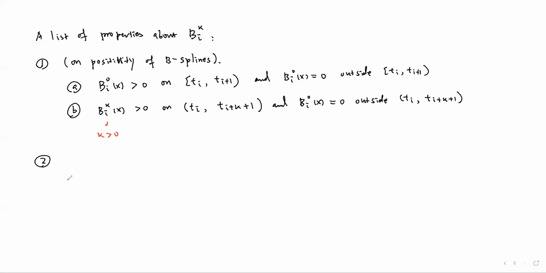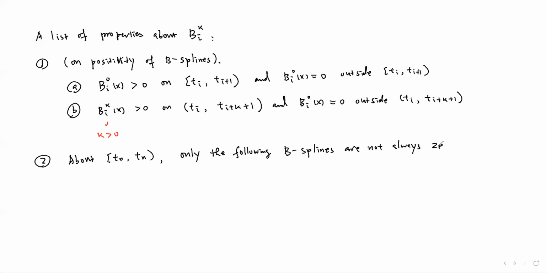And number 2, about this interval T_0 to T_n. Actually, this interval is the interval that we are concerned with, the interval that we want to know. About this interval, we have so many B-splines, but only the following B-splines are not always 0 over this interval.